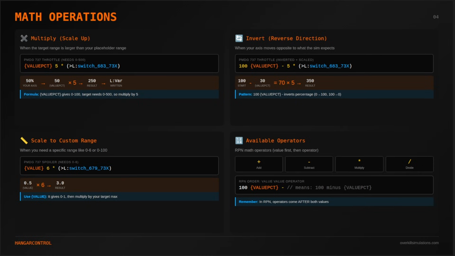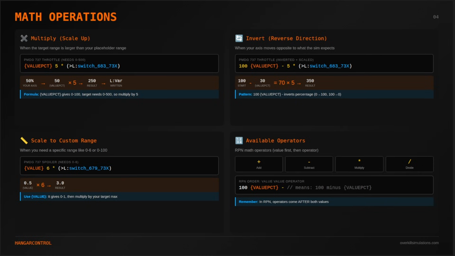Then in our parentheses, the command itself. We have the greater than caret, which tells us to write to the L switch 68373X LVAR, which will then give us our 0 to 500 percentile range. Okay, so now we've got the axis range that we needed in order to take full advantage of the axis range provided in the aircraft.